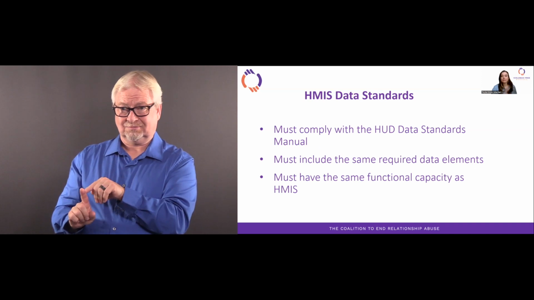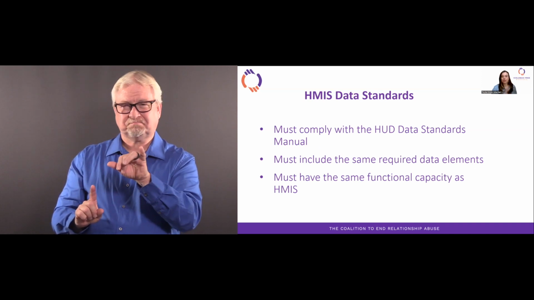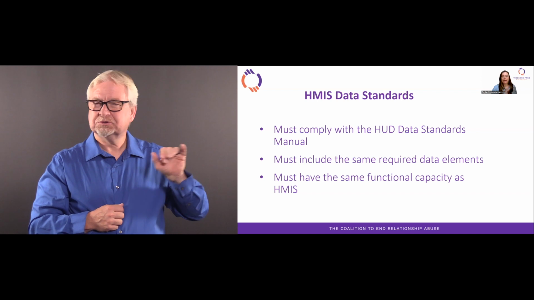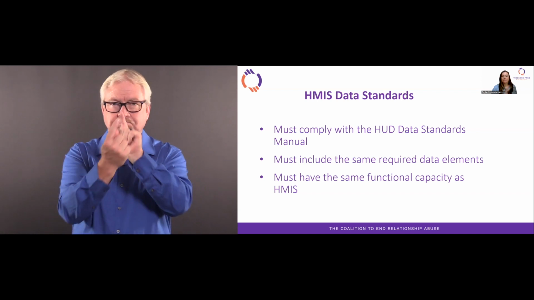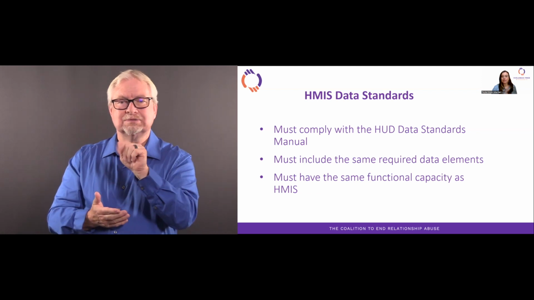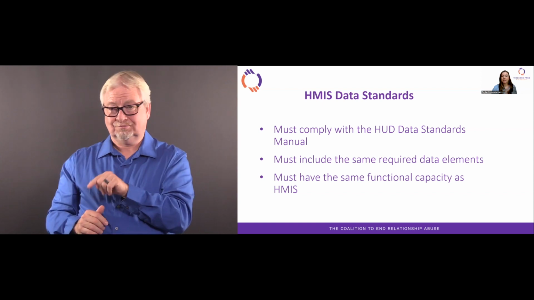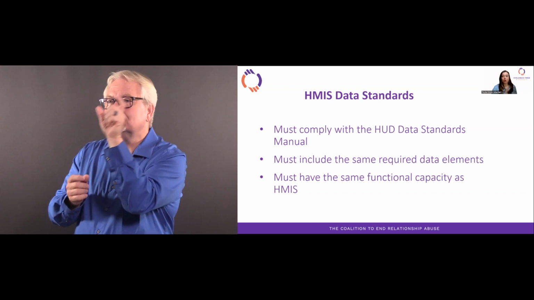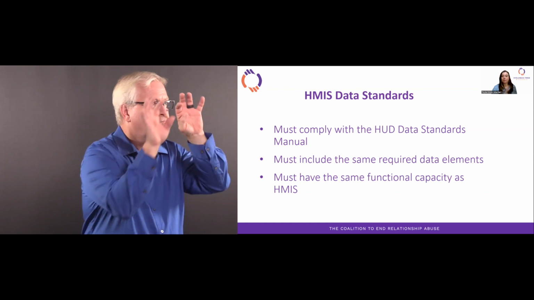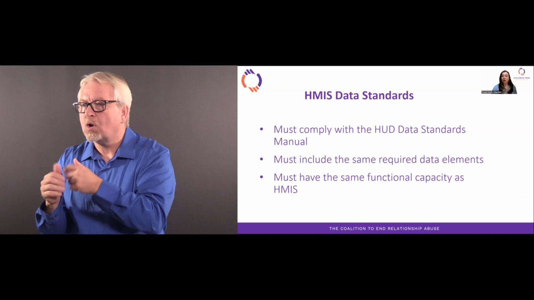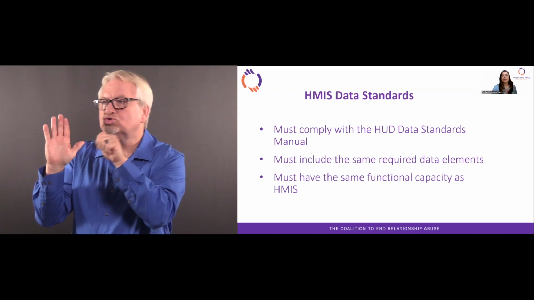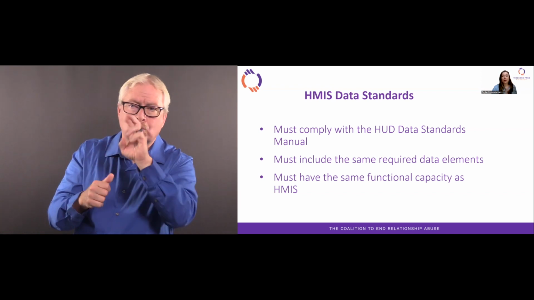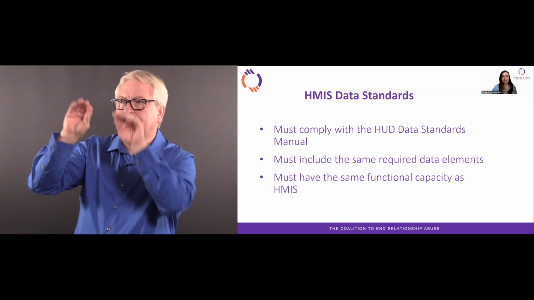A comparable database is meant to function in the same way as an HMIS system and must meet all HMIS data standards. This means that the comparable database must be able to collect all fields or data elements by the kind of project it is, such as emergency shelter, rapid rehousing, and so on.